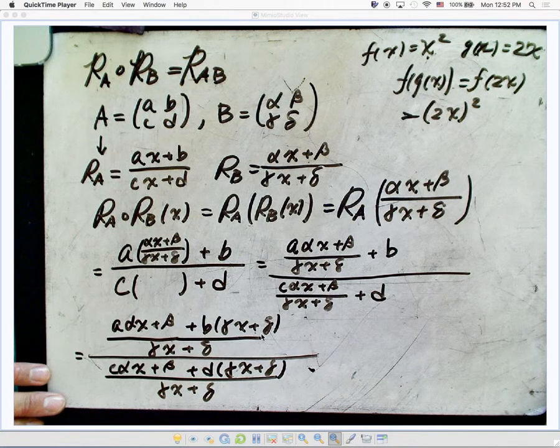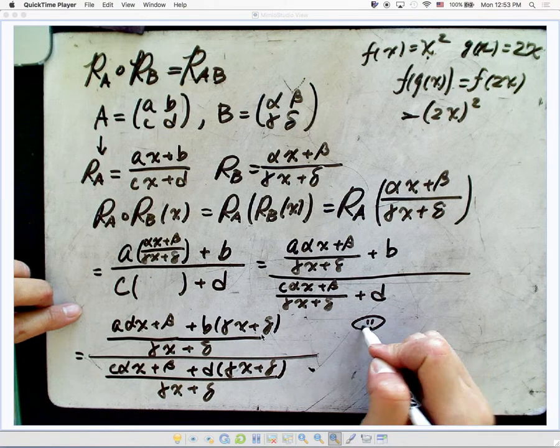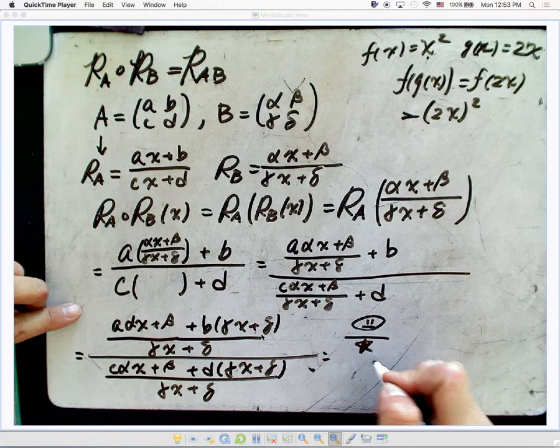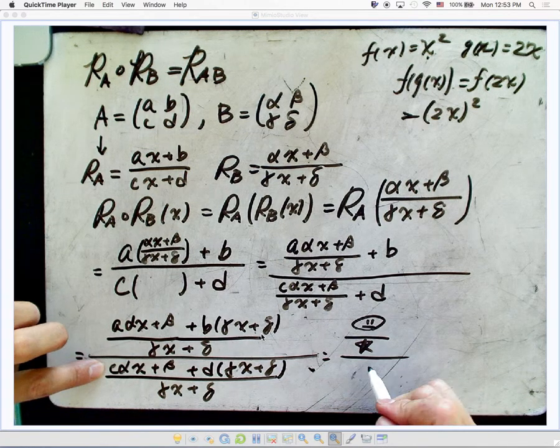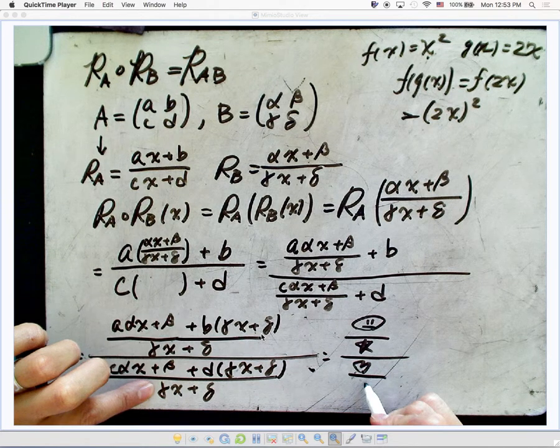Okay, so we are basically dividing this smiley mark guy over star by the other guy, heart, over the same star.